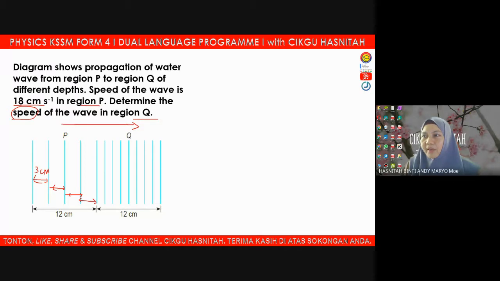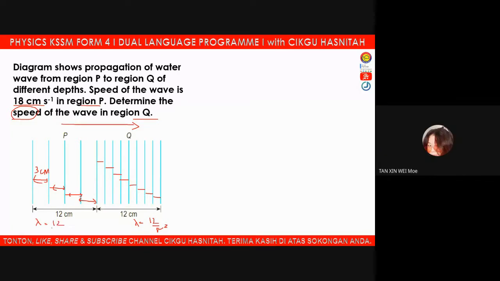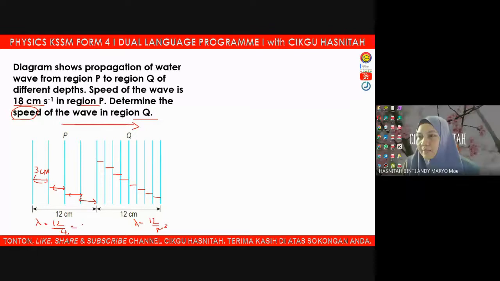How about Q? How many lambda do we have there? 8. 1, 2, 3, 4, 5, 6, 7, 8, which means lambda is 12 divided by 8. That gives us 3/2, which in decimal is 1.5. So here lambda is 3 cm, and here lambda is 1.5 cm.